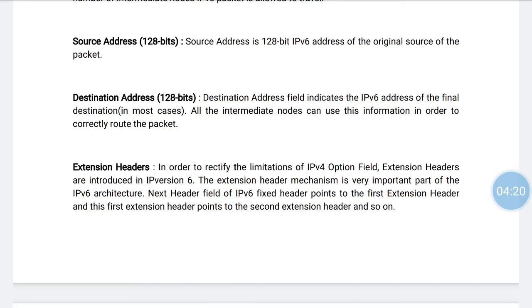So this is the extra field in IPv6. The extension header mechanism is a very important part of the IPv6 architecture. The next header field of the IPv6 fixed header points to the first extension header, and this first extension header points to the second extension header, and so on.